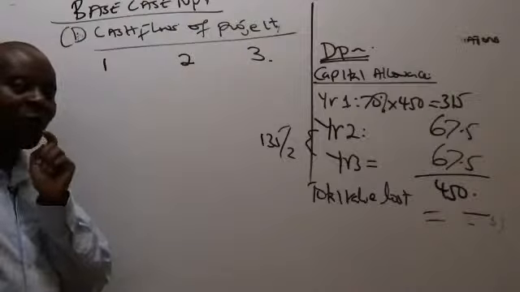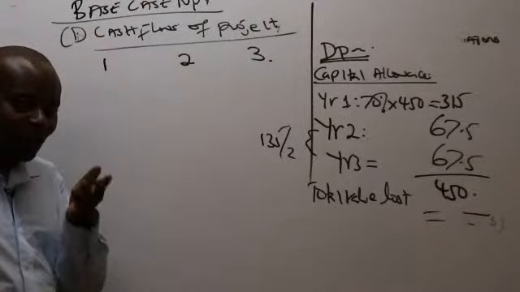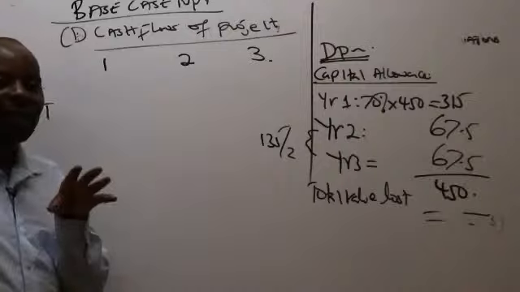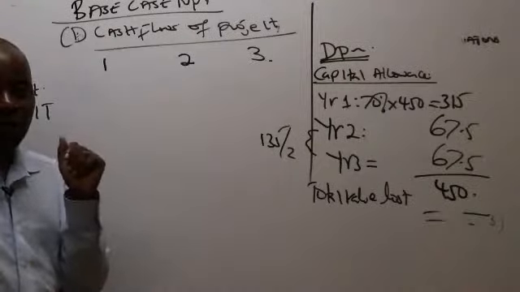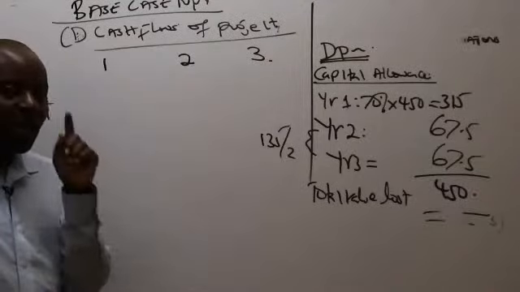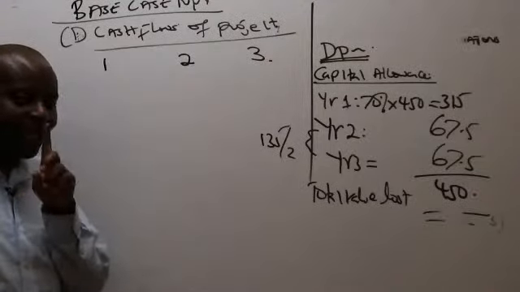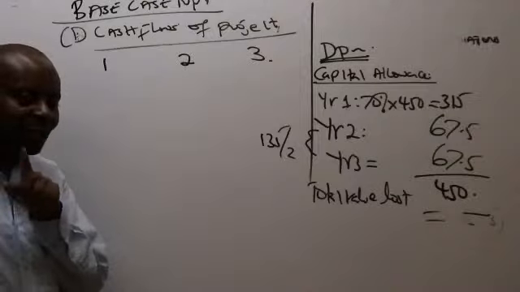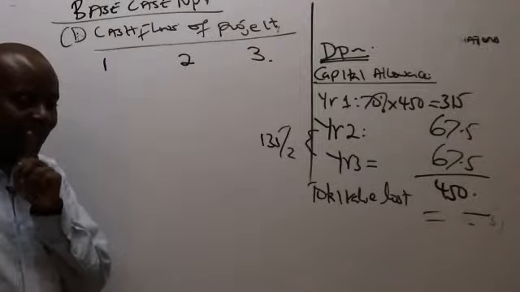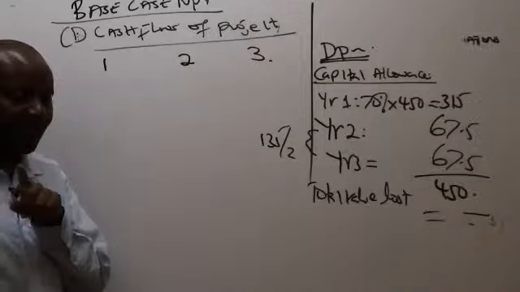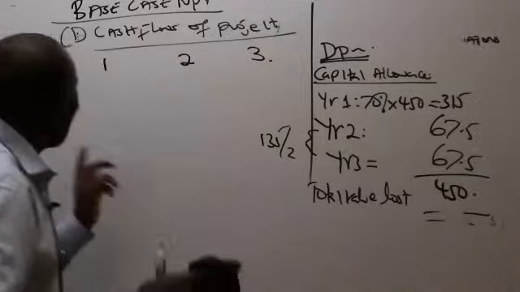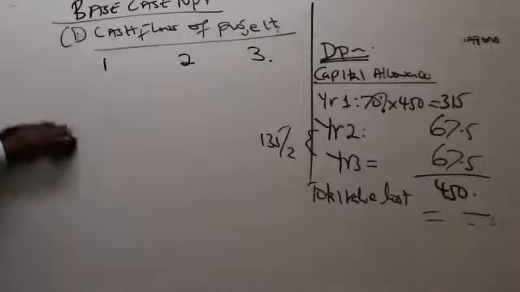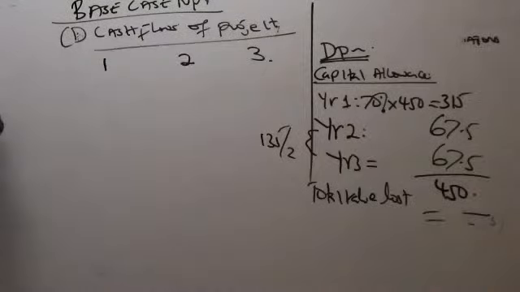But when they talk of operational cash flows, they mean, ladies and gentlemen, that most of these other expenses have gone through. Most of the expenses have gone through, except what here, somebody? Except the non-cash expenses. Now listen, whenever they talk of operational cash flows, just take it as profit before depreciation.